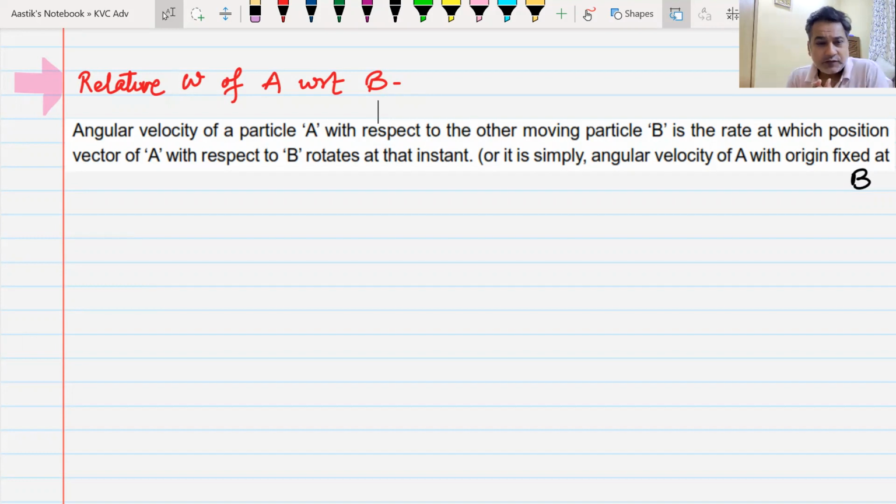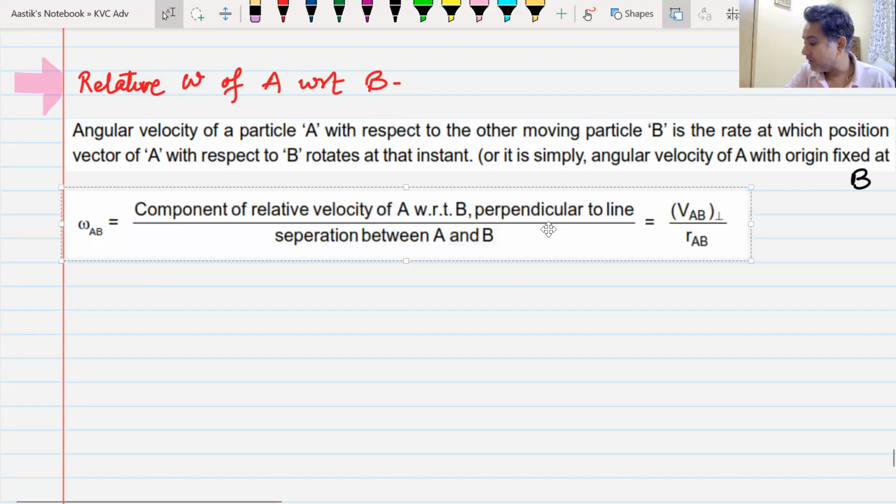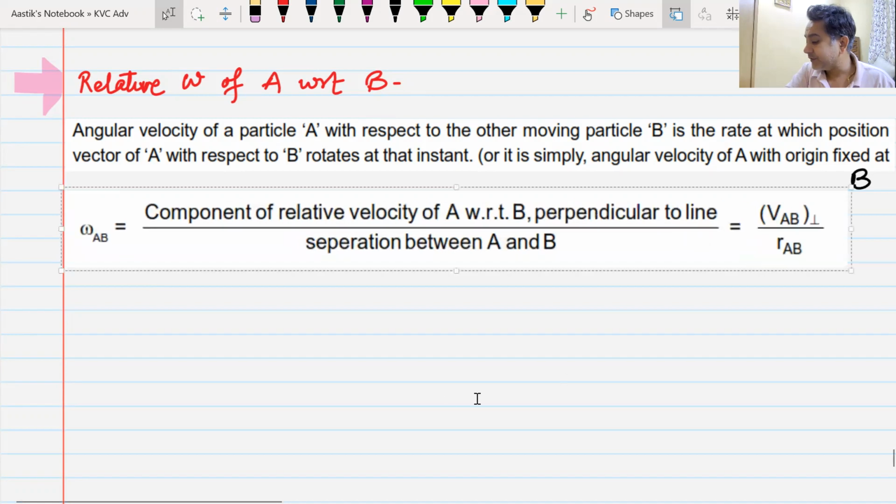So what we have to calculate is the rate at which the vector of A is moving with respect to B. Do we understand this? Yes, sir. Now, if you want to write it as a formula, remember this, and we will solve some questions based on it.